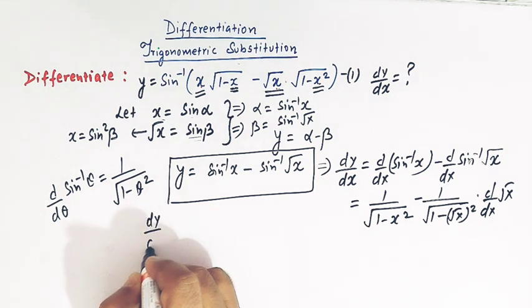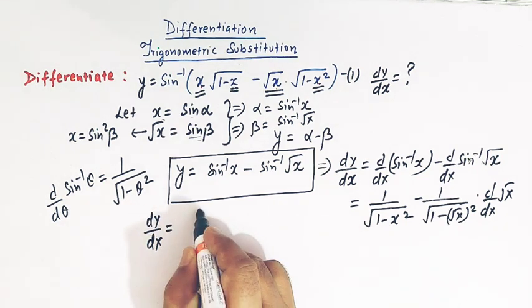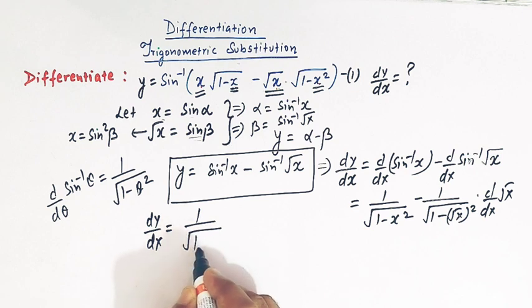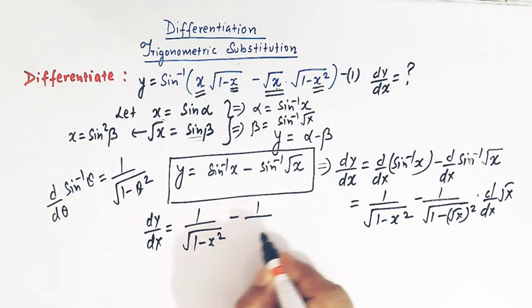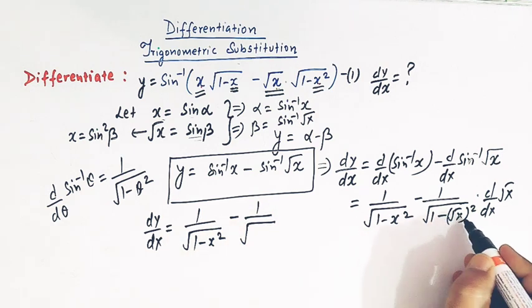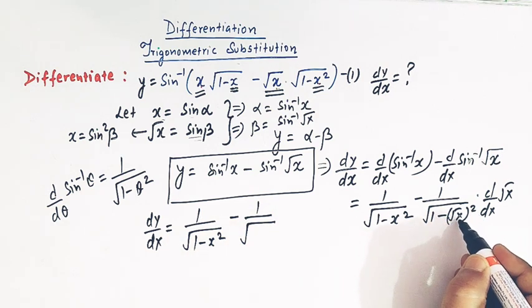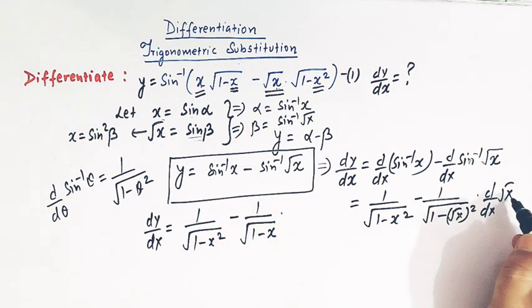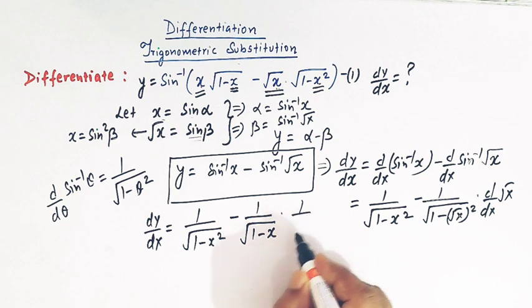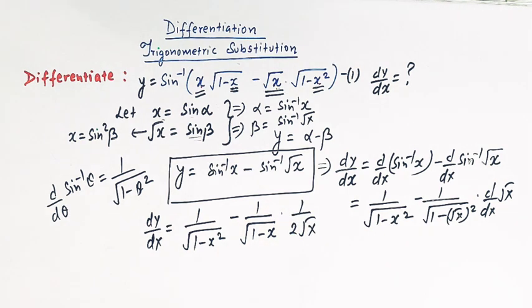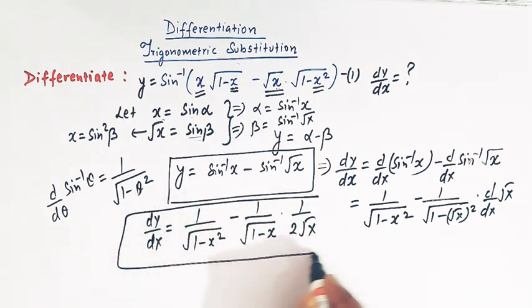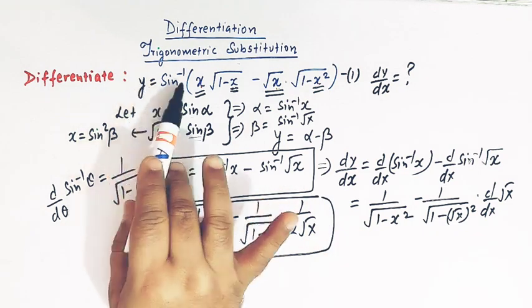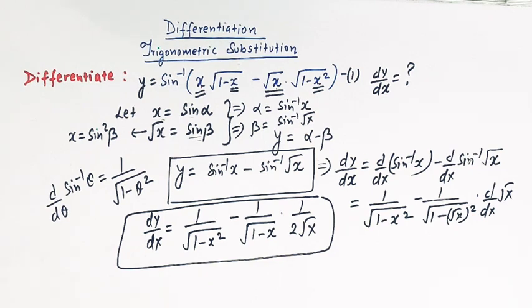So now dy over dx can be written as 1 over square root of 1 minus x square, minus 1 over square root of 1 minus x, since the square of square root of x is x, so we have 1 minus x, and the derivative of square root of x is 1 over 2 times square root of x, right? So viewers, this is the required derivative of this function with respect to x.